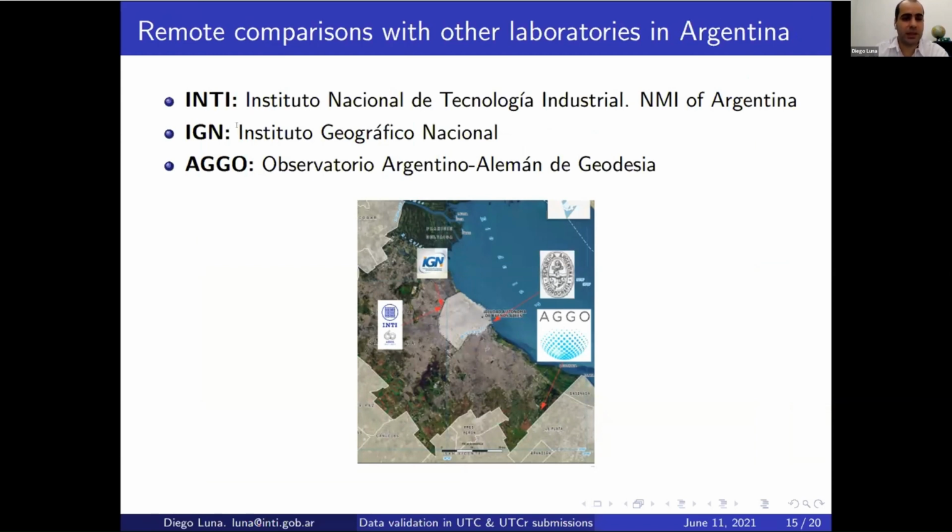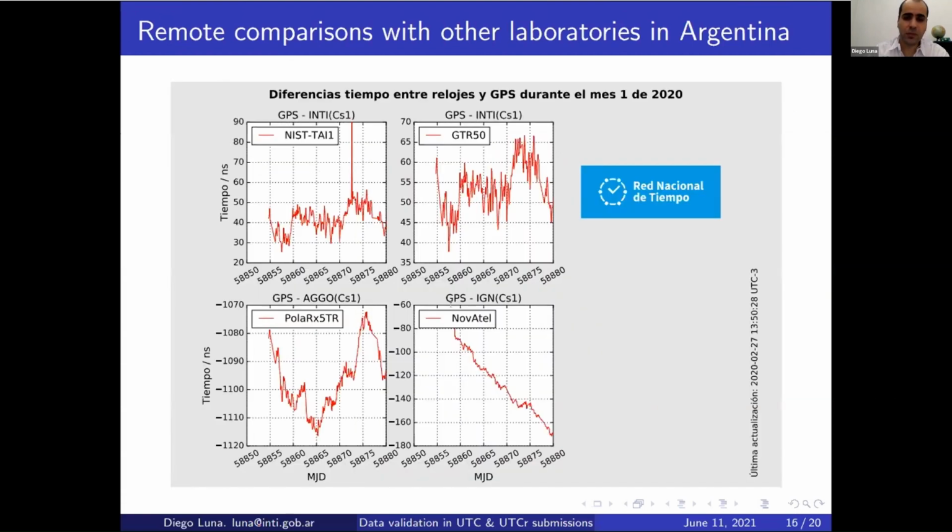For example, the Instituto Geográfico Nacional, the National Geographical Institute, and AGO, which is a geodetic observatory, which are all located nearby the city of Buenos Aires. So with them, we collaborate to compare our clocks.